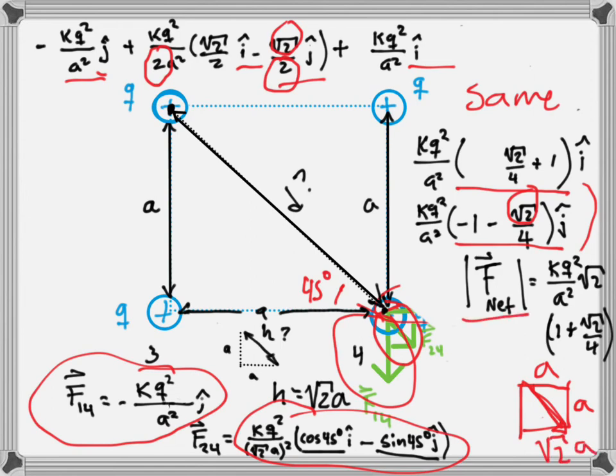So the magnitude of the net force, since the x component is equal to the y component in magnitude, is the magnitude of one of the components times the square root of 2. So that will be kq squared over a squared times this 1 plus square root of 2 over 4, the magnitude of one of the components, but multiplied by the square root of 2 because of what we just discussed about right angle triangles that have the opposite equal to the adjacent.